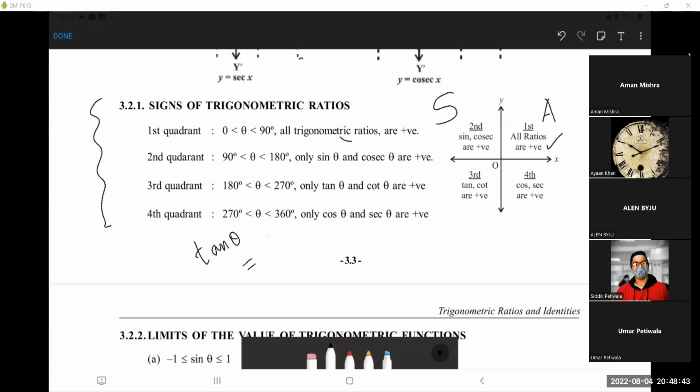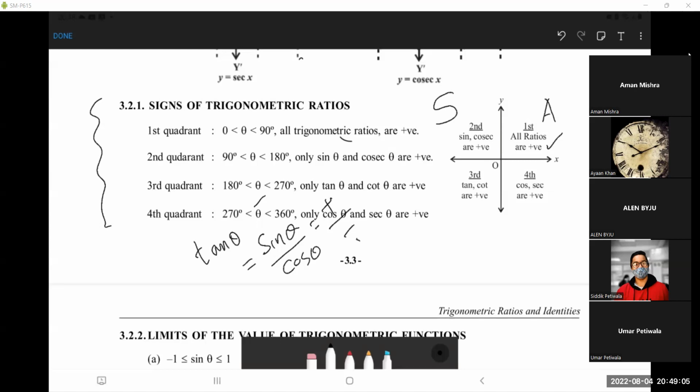Tan theta means sin theta by cos theta, right? Sin theta is positive, but cos theta is negative. So positive divided by negative is negative. Therefore, tan theta will be negative. Similarly, cot theta will be negative. Sec theta will be negative, because cos theta is negative.